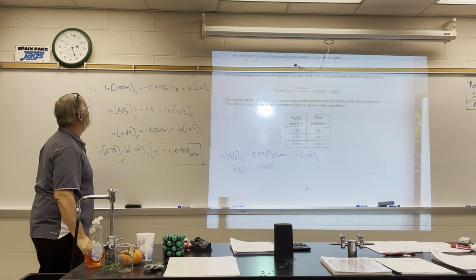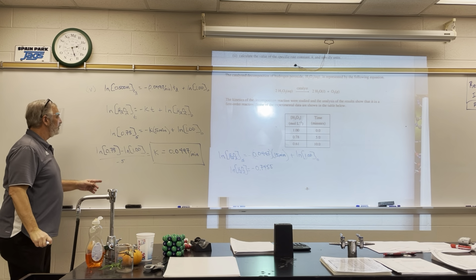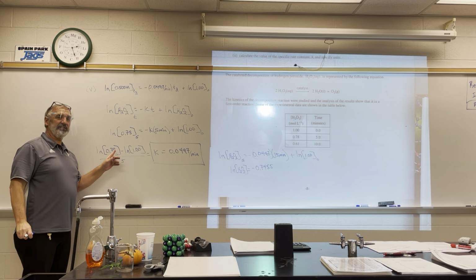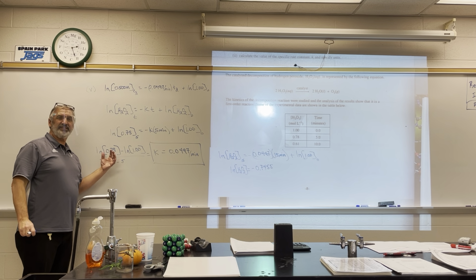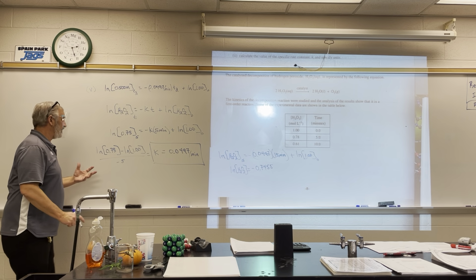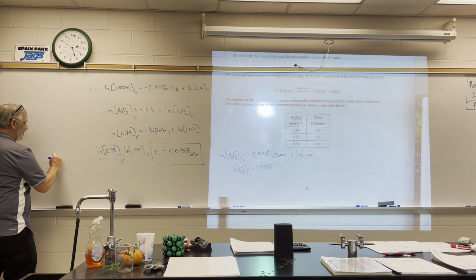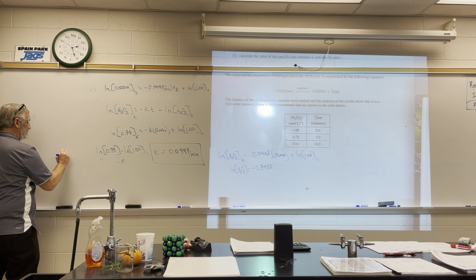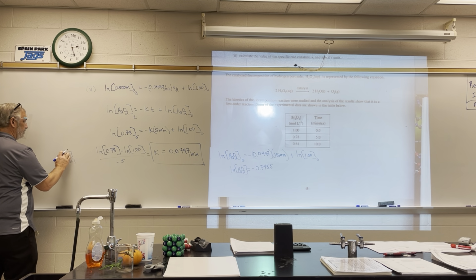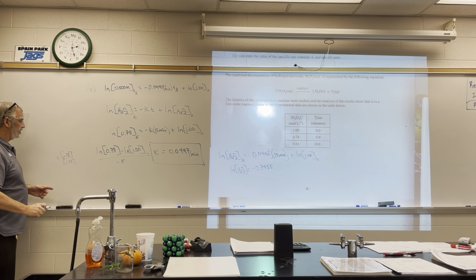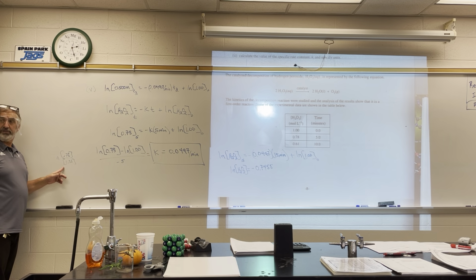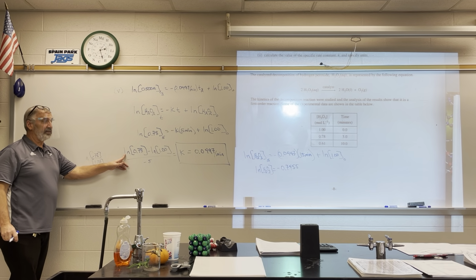Now, when you subtract logs, that's the same as dividing. So this is the same as the natural log of 0.78 over 1, which is what we did earlier.